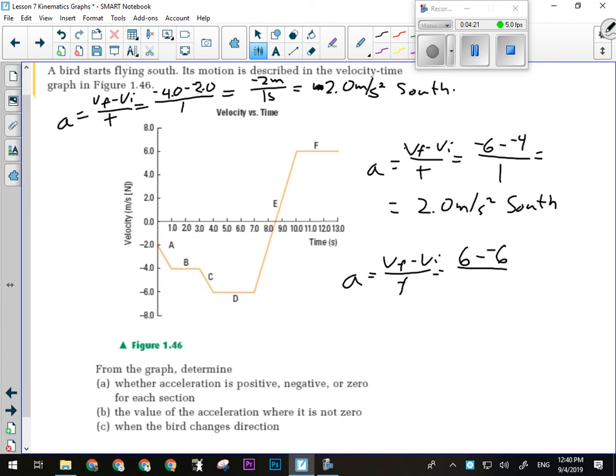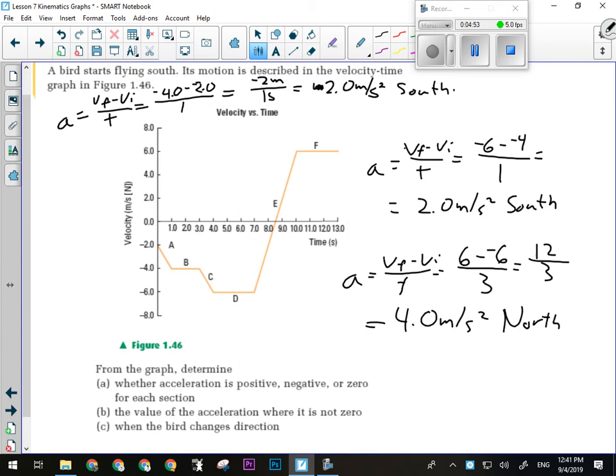That goes from 7 seconds to 10 seconds, so over 3 seconds. 6 minus negative 6 is positive 12, divided by 3. So our acceleration there is going to be 4 meters per second squared. Which way? North, because this time it ended up positive. Everybody okay with that? You understand how that works?